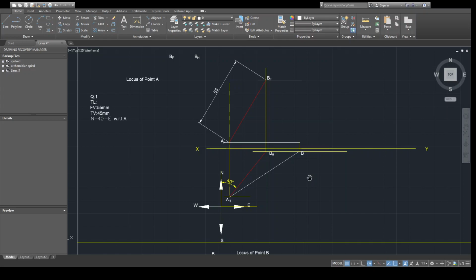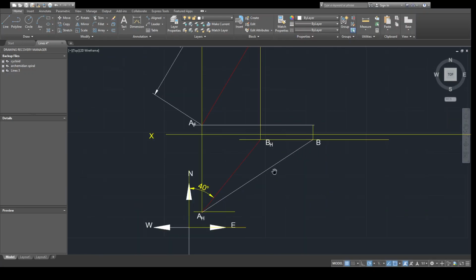So AHB is the true length. Similarly, you can draw true length in case of front view. How to do that? Very simple. You rotate BH, that is top view, up to locus of point A, then from this projection you can draw it up. So just I will show you.